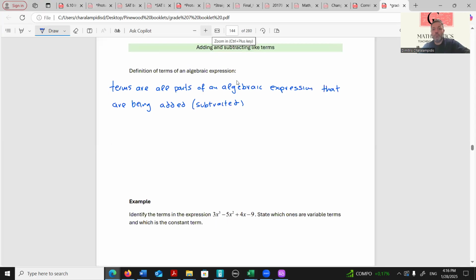So all parts of an algebraic expression that are being added or subtracted will be called from now on terms.